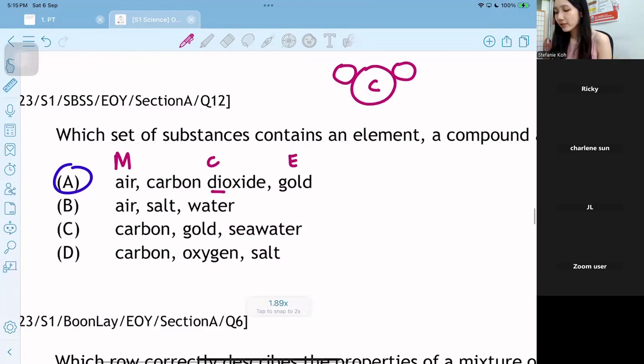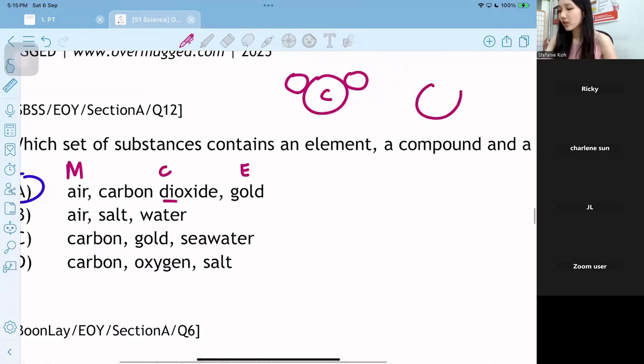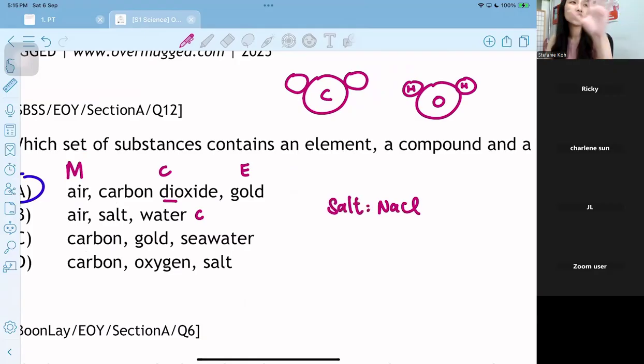Next, air, we say is a mixture already. Water also has this Mickey Mouse ears configuration: oxygen in the middle with H at the side. H2O. So it's a compound. What about salt? The table salt that we eat is called sodium chloride.